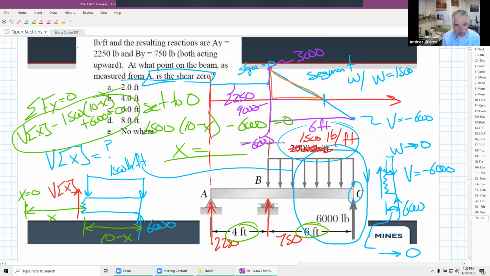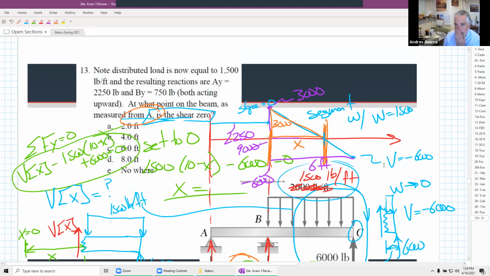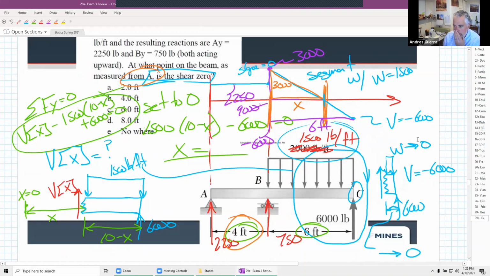And then the orange triangle, we know this is a height of 3,000, and we would be looking for that distance there. But that only gives us from here to here. The answer asks at what point measured from A, so we would still have to add in that 4 feet that's left. Does that make sense?